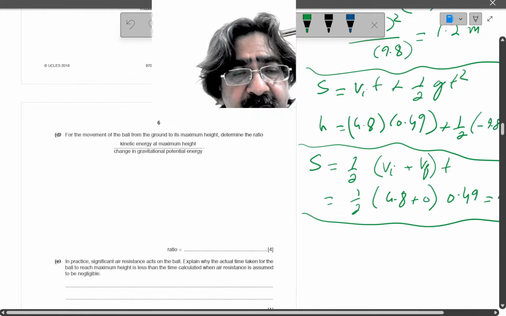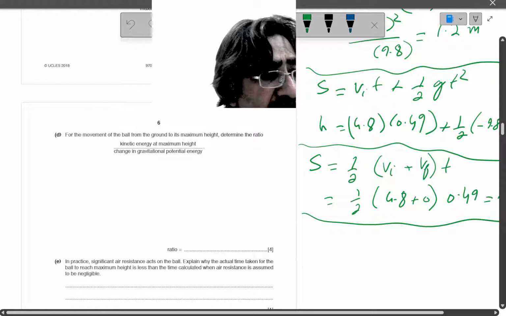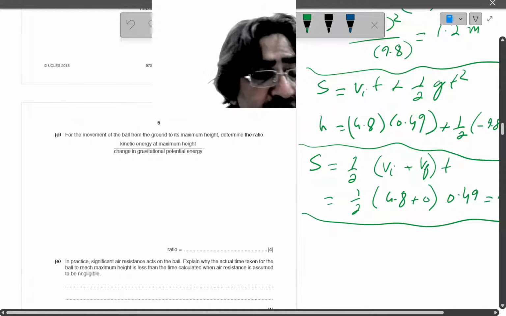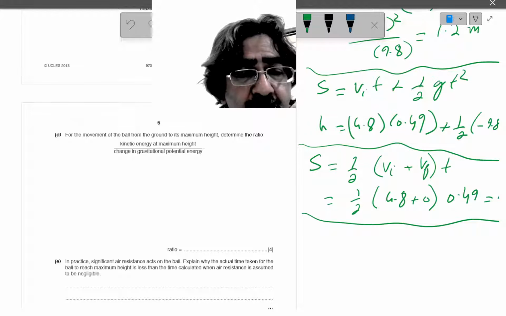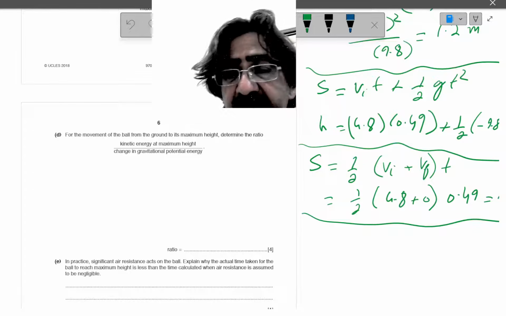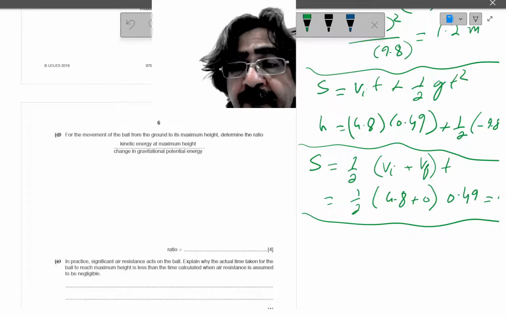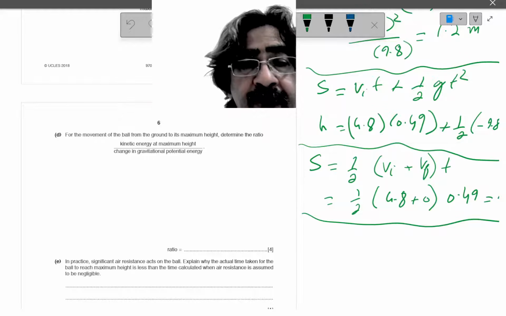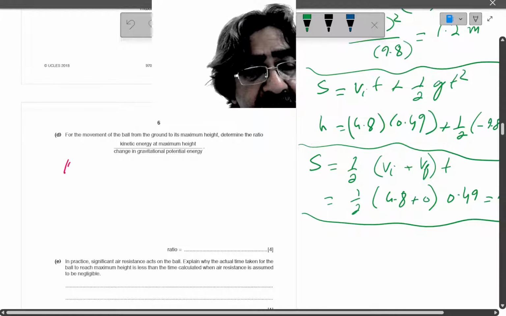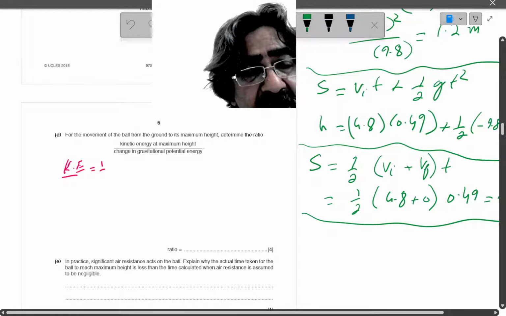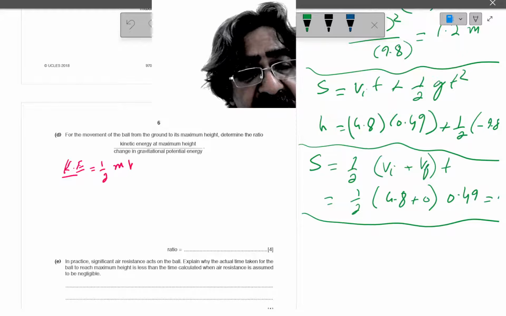As we know that the final velocity is 0 at maximum height. So to find the kinetic energy, firstly we will use the formula 1/2 m v square.